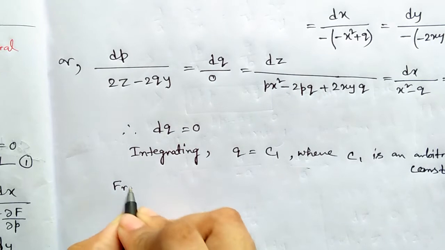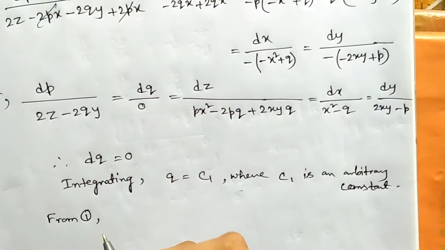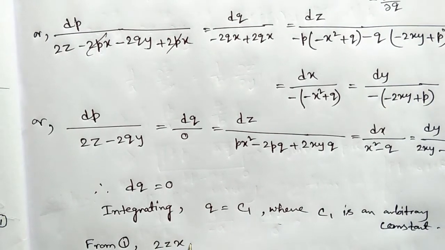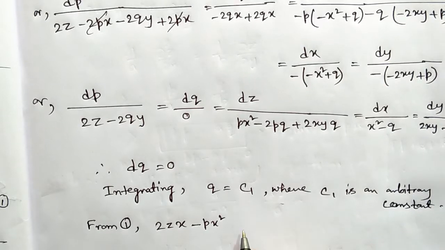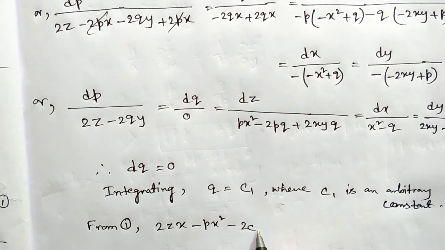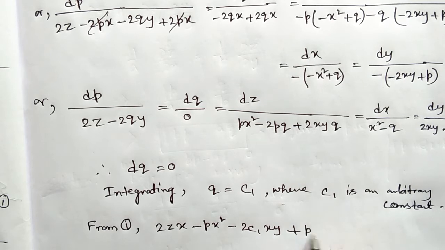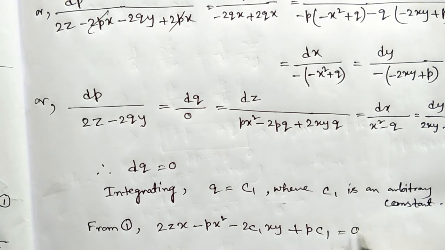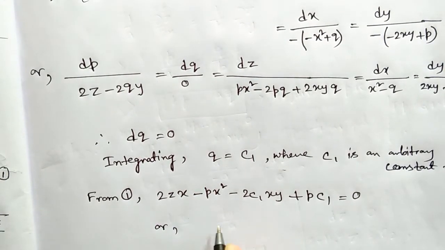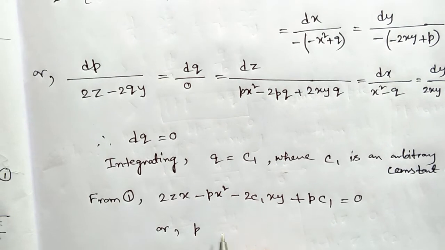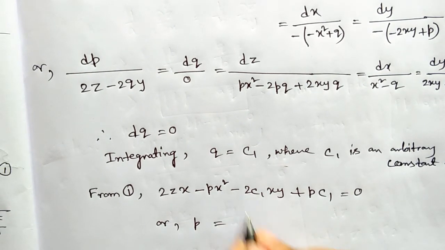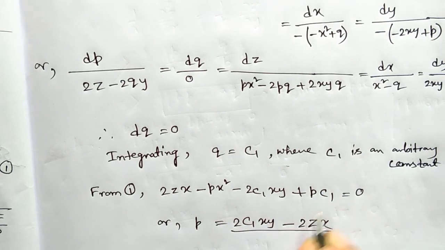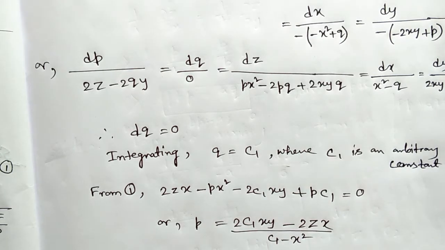So from 1 we get 2zx minus px square minus 2c1xy plus pc1. I just put this value in equation 1. Then we have to find the value of p. So p equal to 2c1xy minus 2zx by c1 minus x square.